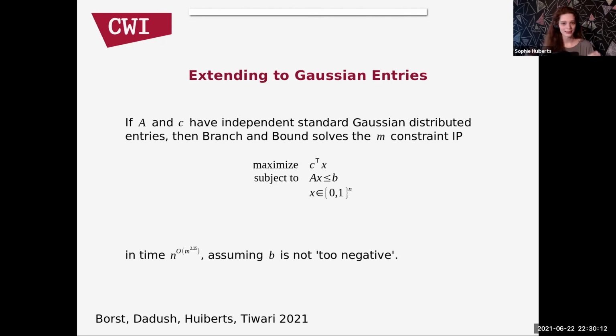So what we did is we extended their result to the case where this c and this A have independent standard Gaussian distributed entries, and where this b vector is not too negative. And what we found is that we in fact got a much stronger running time bound, where now the exponent only grows polynomially in the number of constraints.